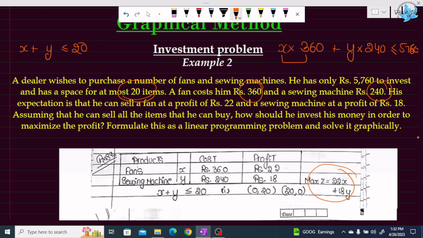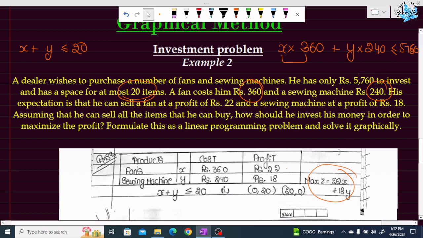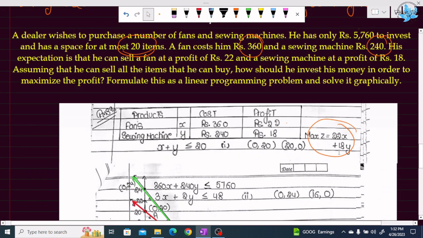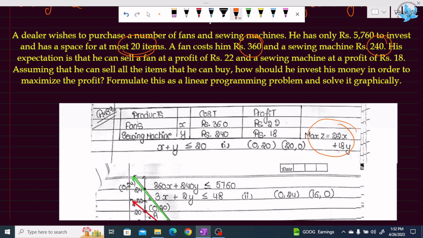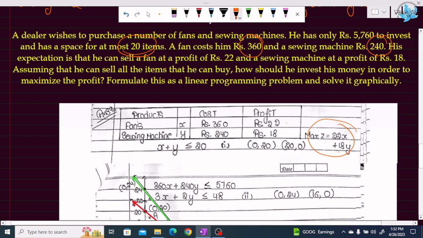It is the upper limit, at most 5760 rupees he has, and he wants to purchase these two items. So your next constraint will become 360 into X plus 240 into Y is less than or equal to 5760.